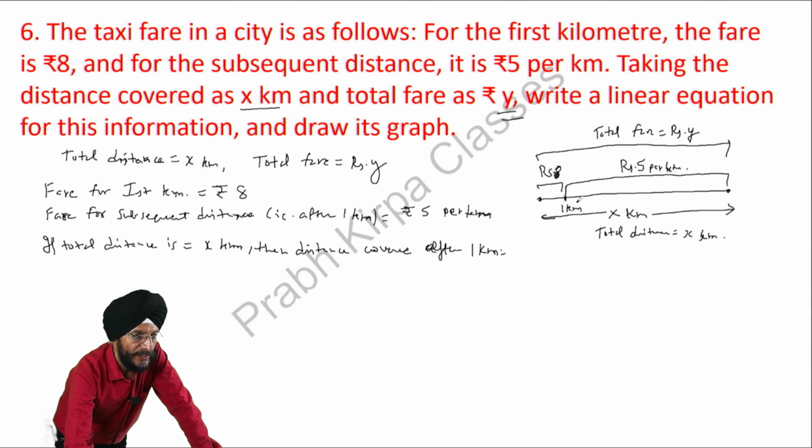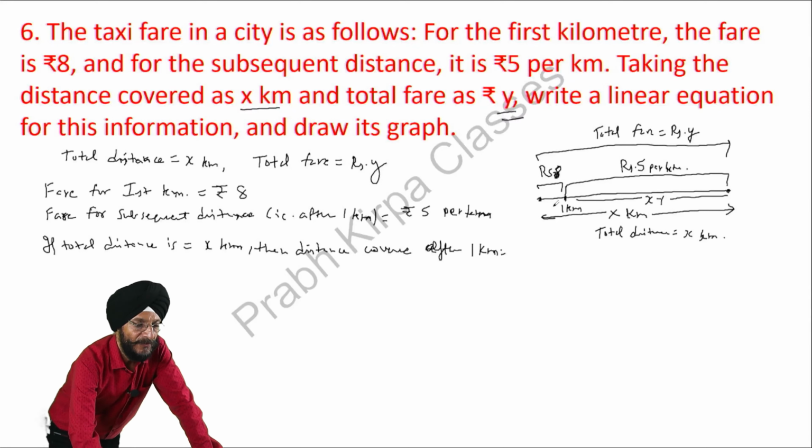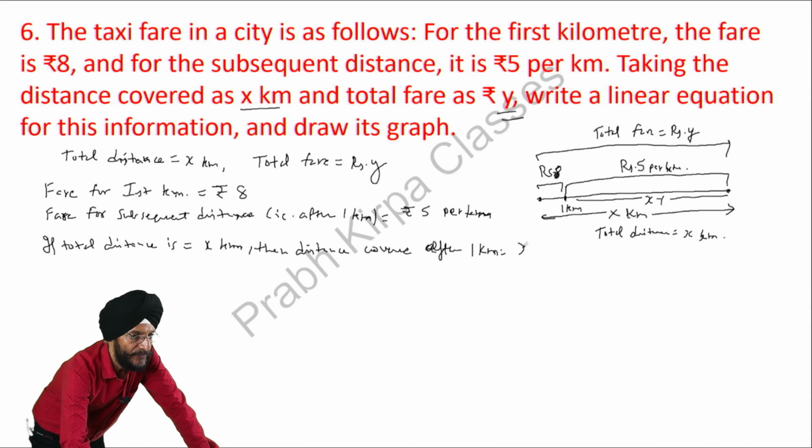It is x minus 1. From here to here, it is x minus 1, because the total is x. If we deduct 1 kilometer from x, it will be x minus 1 kilometer.